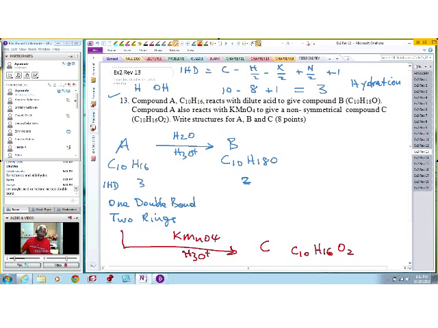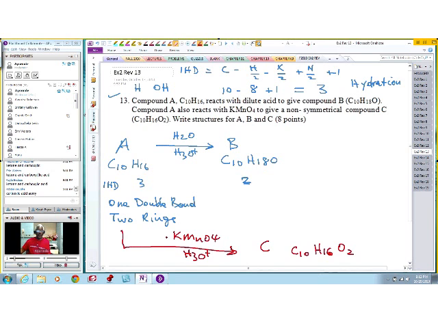Don't get that wrong. It forms carboxylic acid and ketone, exactly. It forms either carboxylic acid or ketone depending on what: if you have hydrogen attached to the carbon, it becomes carboxylic acid. If you have no hydrogen, it becomes a ketone.